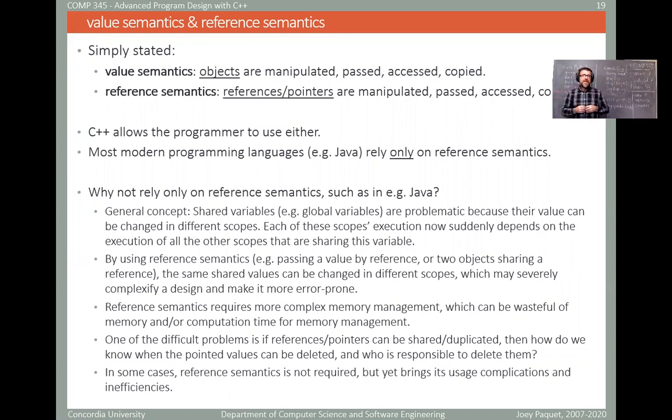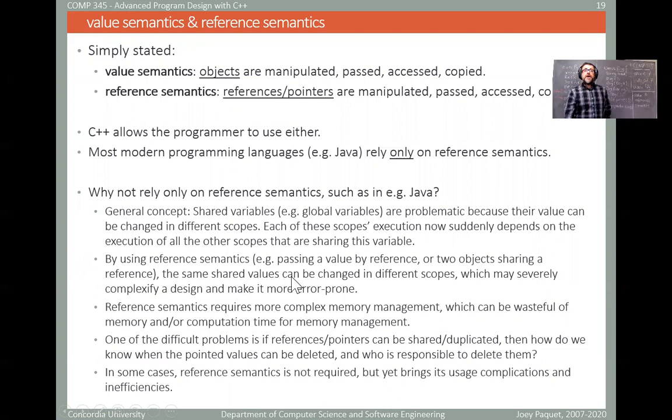So that's one of both the power and danger of using references. That's something that you very often need to be able to have, to share the same object by having different references. I'll give an example later.